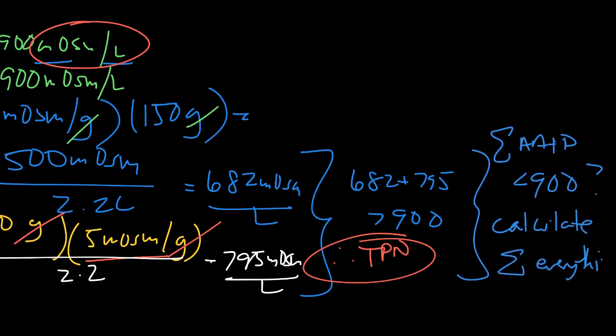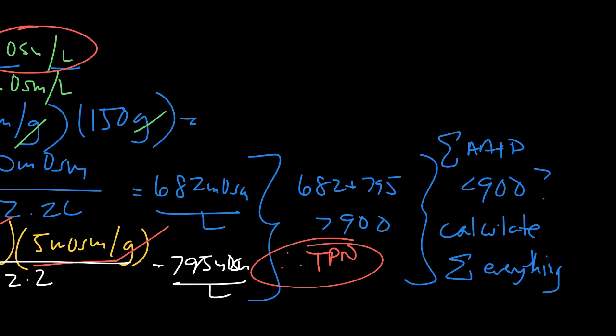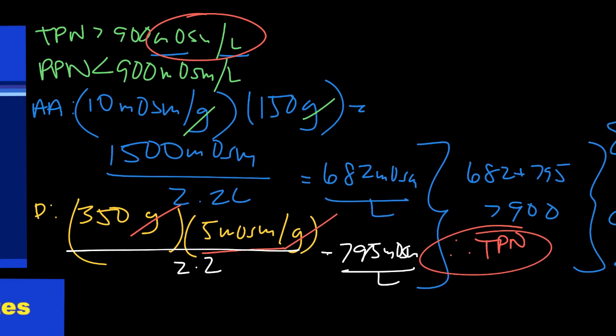Don't just assume that everything will be less than 900; you have to calculate everything out. But an easy trick is that amino acids and dextrose contribute most of the osmolarity of the solution, so you can just start with calculating them first.